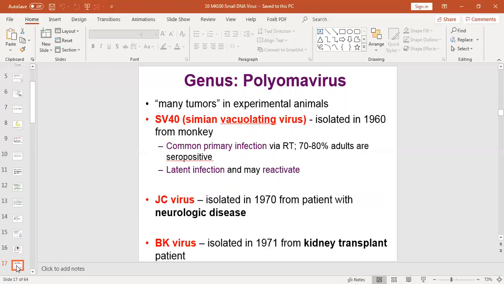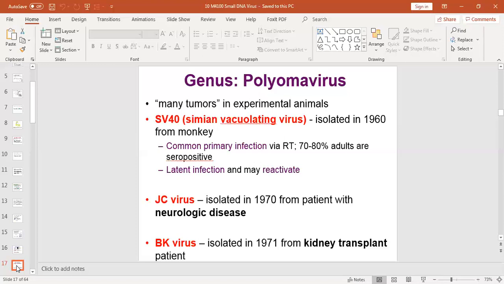70 to 80% of adults, by the time individuals reach their adulthood, are seropositive, meaning that they have had a viral infection, and their immune system, the B lymphocytes of the immune system, have recognized viral antigenic determinants.